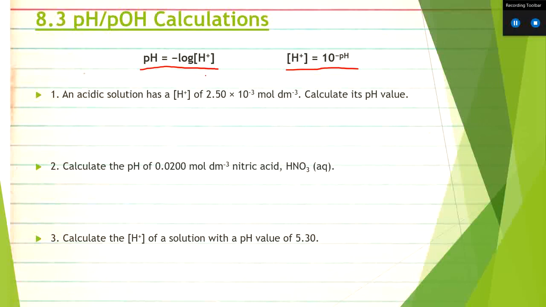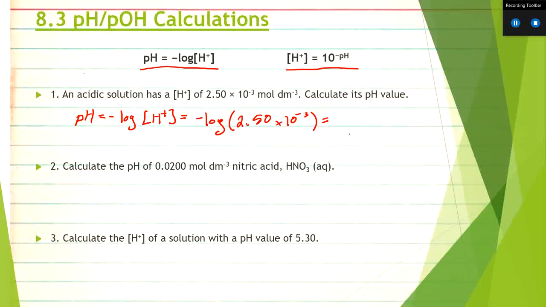In this first example, an acidic solution has a concentration of hydrogen ions, or protons, of 2.50 times 10 to the negative 3 moles per decimeter cubed. Calculate its pH value. An easy one here. We know our pH is the negative log of the concentration of hydrogen ions, and we're given that concentration in the question, so we just fill in our information: negative log of 2.50 times 10 to the negative 3.